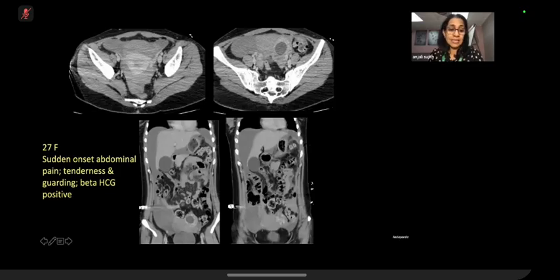And so the history is very important. In a reproductive age female who presents with similar acute abdomen, hemoperitoneum, adnexal lesion, and in the absence of an intrauterine gestational sac, and with positive urine pregnancy test, this is the number 1 concern.